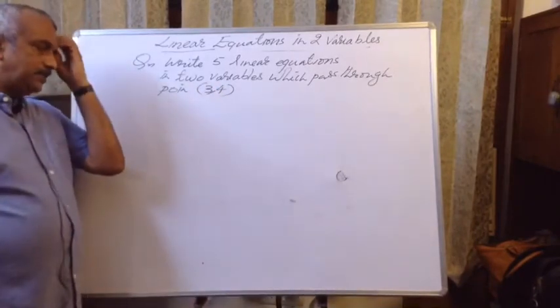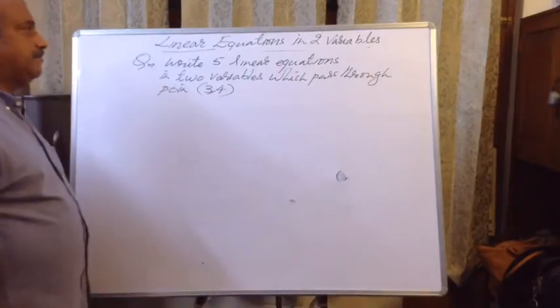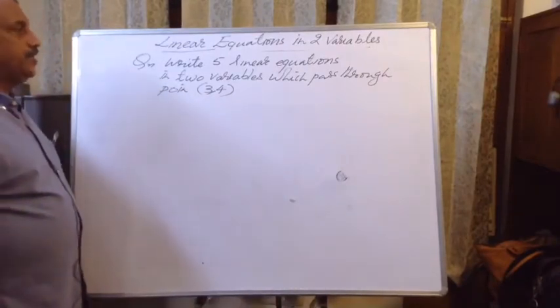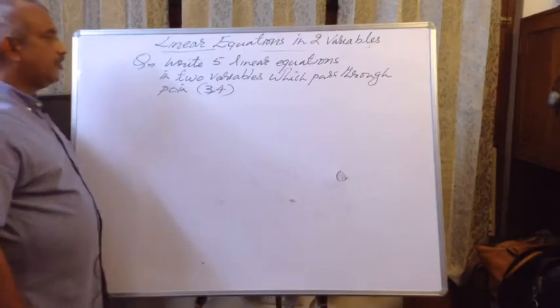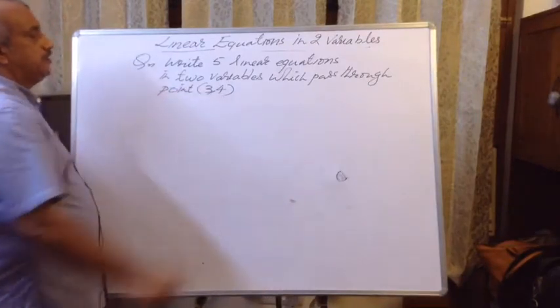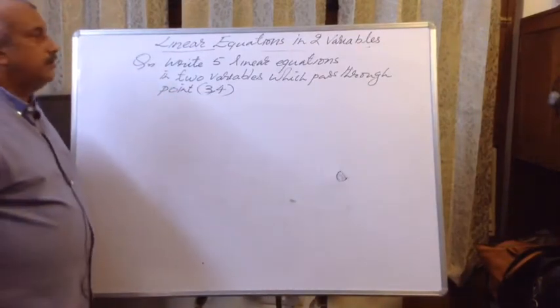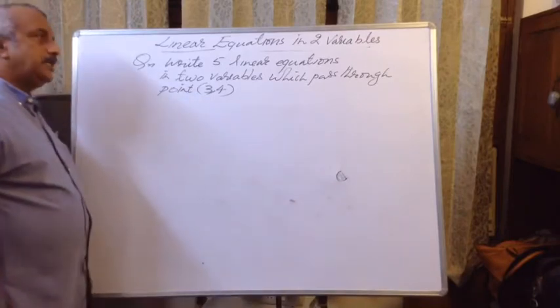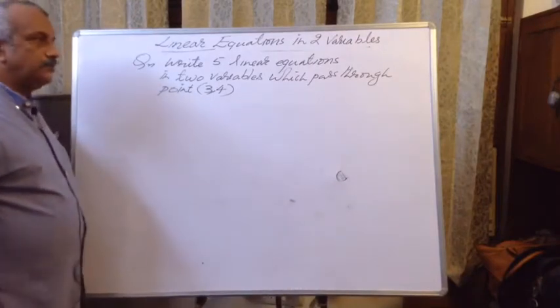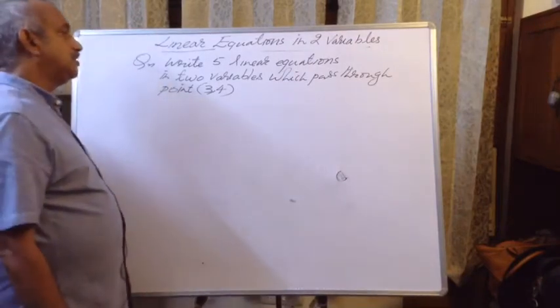The question can be like this: write 5 linear equations in 2 variables which pass through the point 3, 4. Or the question can be: write 5 linear equations in 2 variables whose solution is 3, 4.